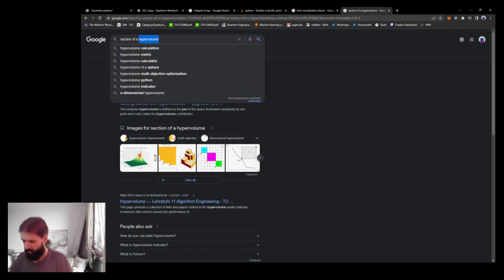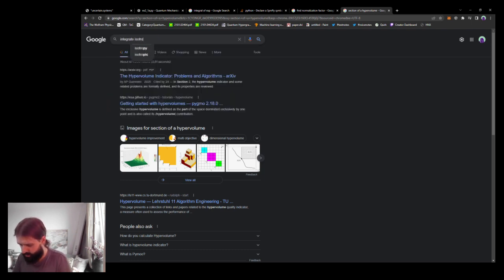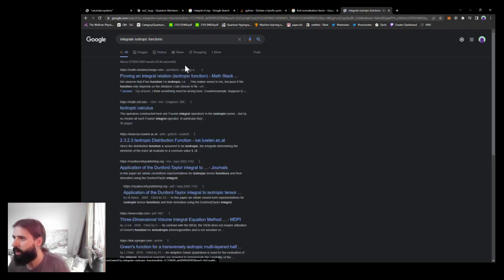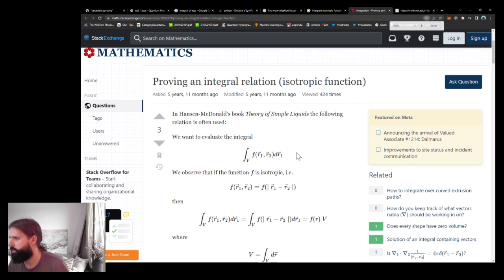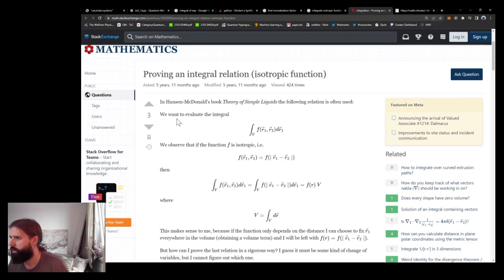Isotropic. Integrating isotropic functions should be probably the right thing to look for. But this is so, if the function is isotropic, exactly, okay, so then, times v, where v is the integral of what?